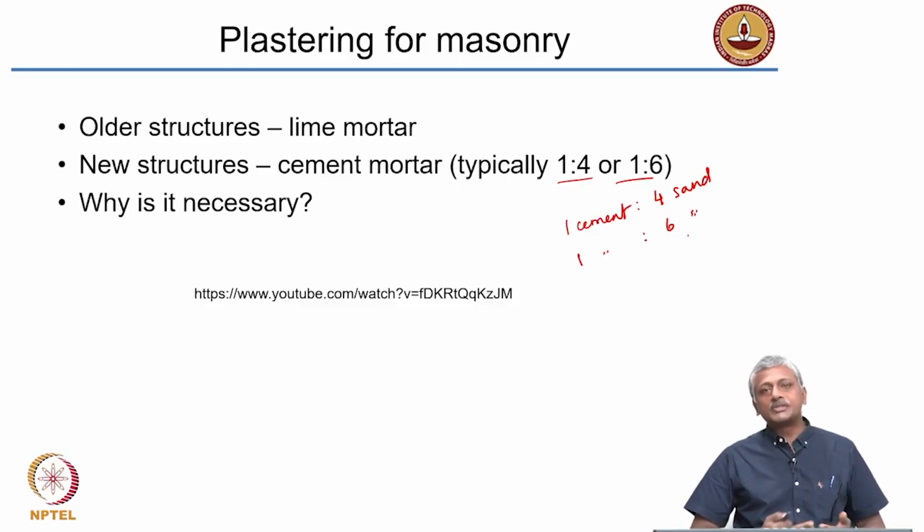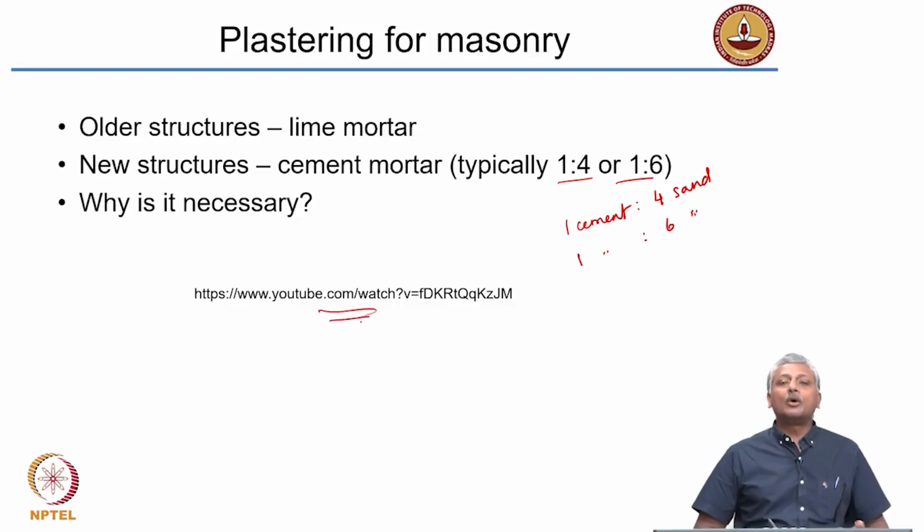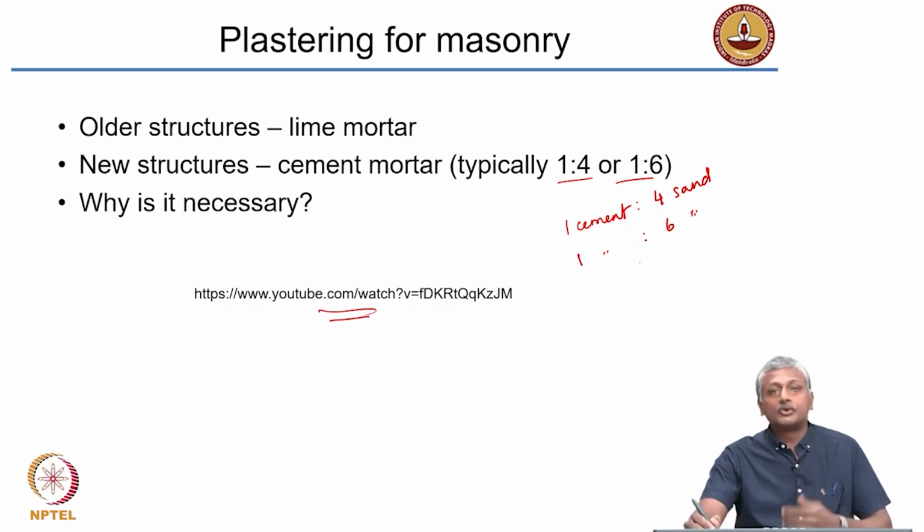Because all it has to do is cover the top surface, ensure that you reduce efflorescence, provide a level surface and so on. And there's a good example of videos from the company called Ultratech, which manufactures cement. They have a good range of videos which cover basic construction practices, and this video basically talks about plastering. So, this ratio provided of 1:4 or 1:6, this is in terms of volume, not exactly in terms of mass.